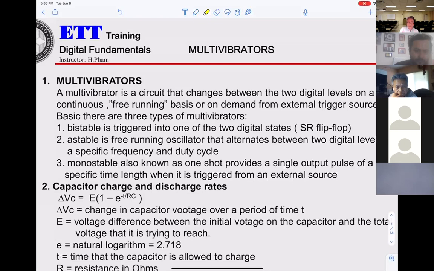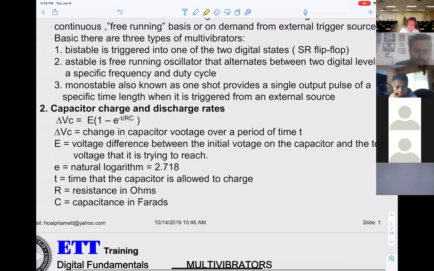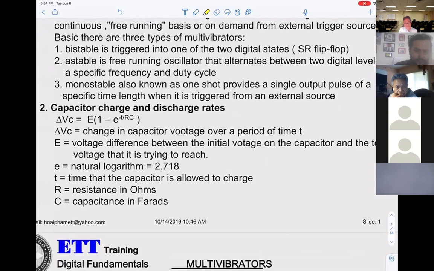And that pulse will be changing for the frequency of a duty cycle, for the width of the one shot. And we already get to the capacitor. We already learned in the past that a capacitor will be charging and discharging.